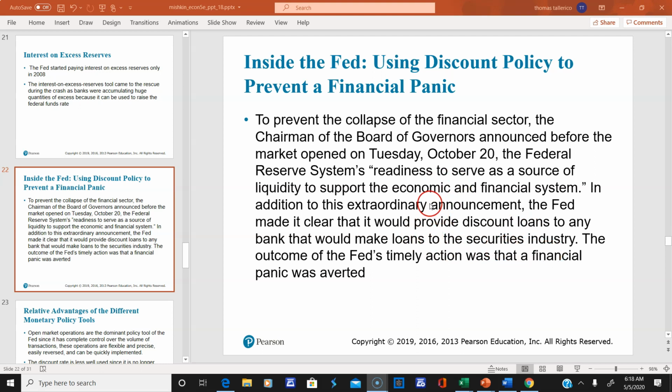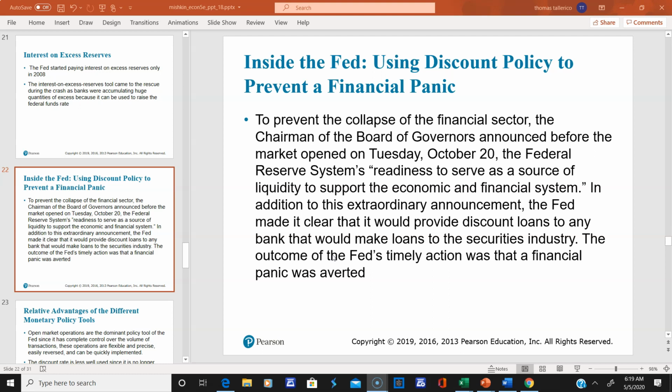And I believe in your book there is a nice tan page that describes all this. So if you go to page 425 in your book, there's a tan box called Inside the Fed: Using Discount Policy to Prevent a Financial Panic. So the Black Monday stock market crash of 1987 and the terrorist destruction of the World Trade Center in 2001, and also now with the coronavirus, you could add that to the list, right?